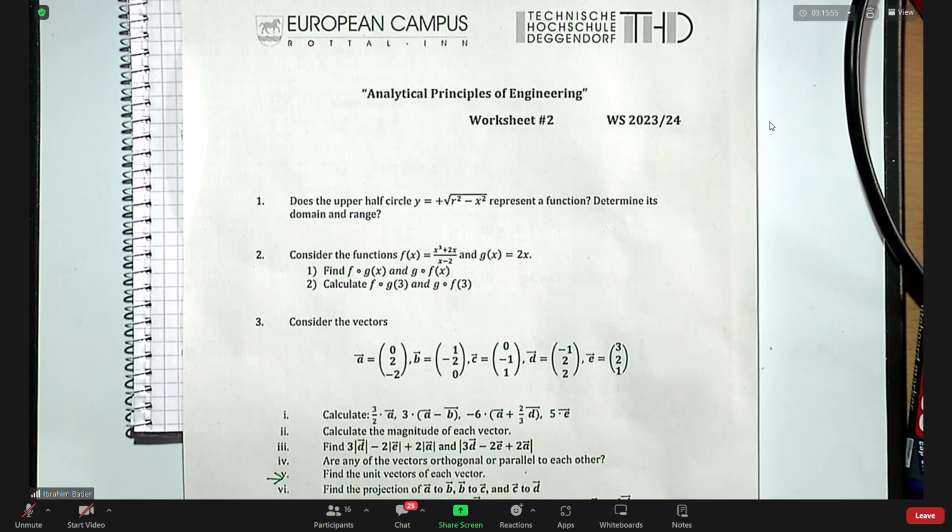Yeah, the first one is kind of unclear. So here, what copies?